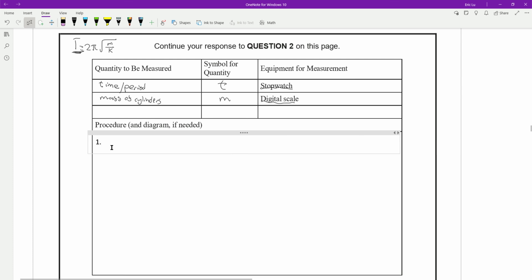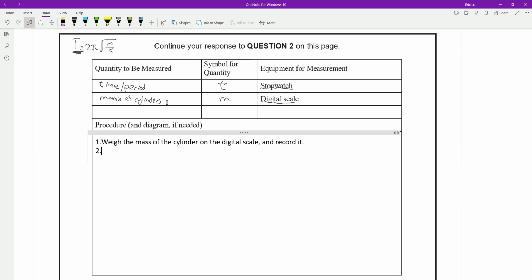Okay. Number one. What you need to do first of all is measure the mass of the cylinder. So weigh the cylinder on the digital scale and record it.